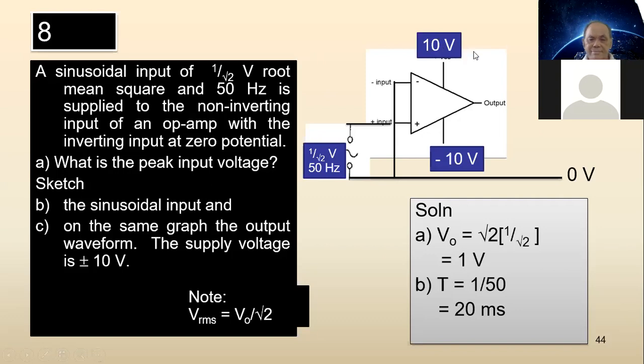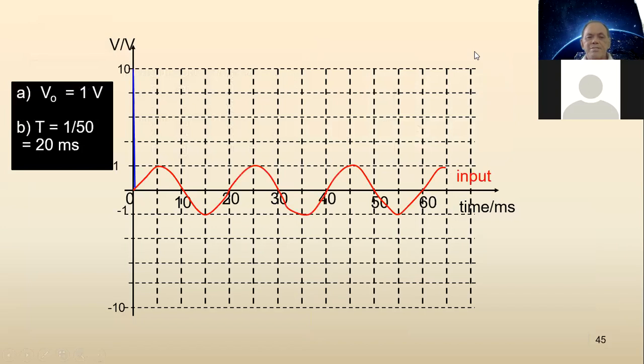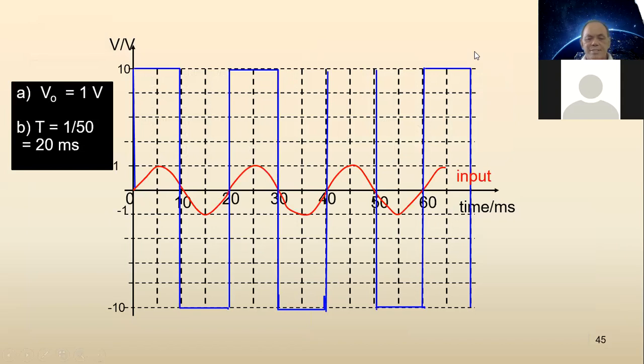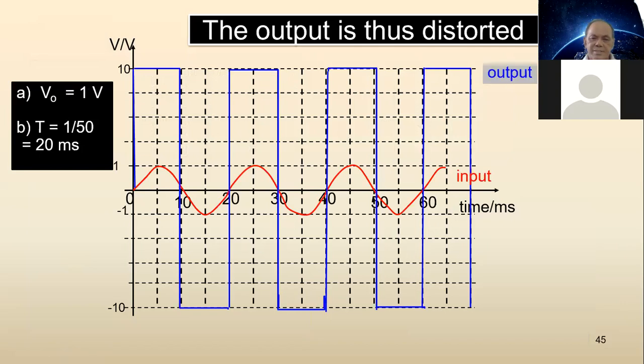It doesn't amplify. So that's the input, and that's your output there: a distorted form. That's the output waveform. Distorted, not good, not useful for any purpose, completely different from the original input. So of course, the next topic we are interested in is how to make sure it can amplify.